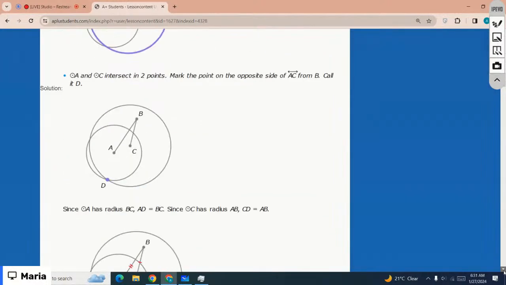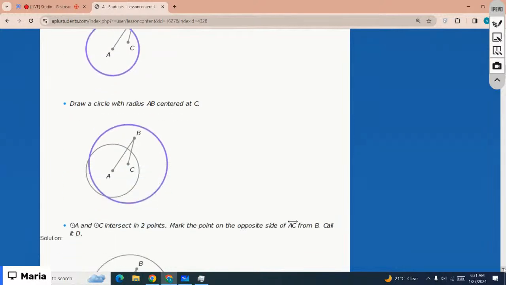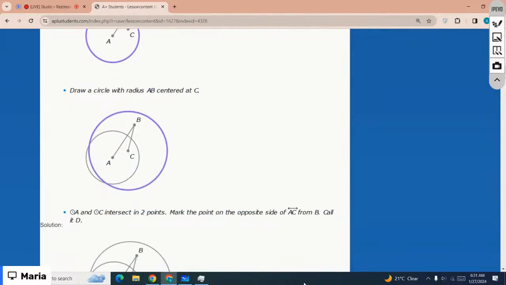So here is the circle. Then draw a circle with radius AB and the center is C. Here is another circle. A and C intersect in 2 points. Make the point on the opposite side of AC from B.